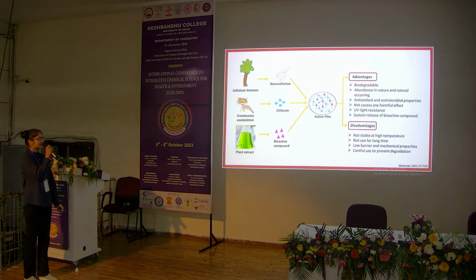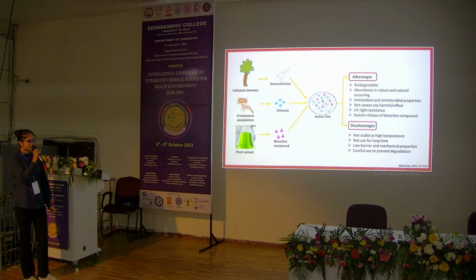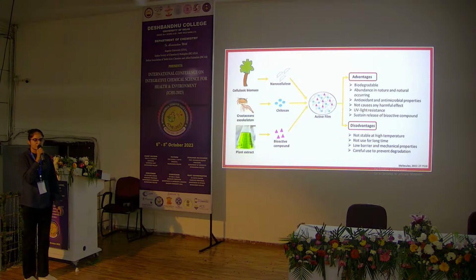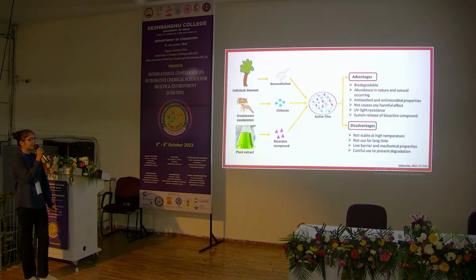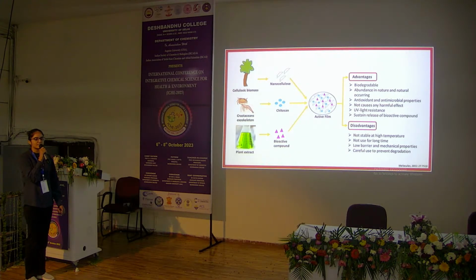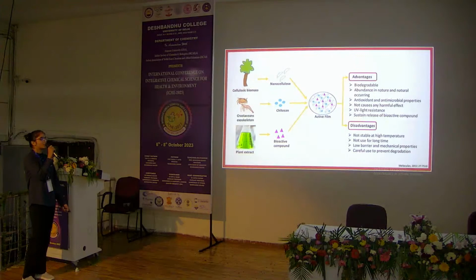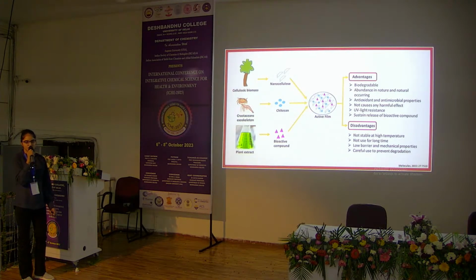Many scientists have worked on this chitosan based film for food packaging materials, and the activity of the materials is enhanced by the incorporation of nanocellulose and bioactive compounds, because nanocellulose has high mechanical, chemical and functional properties.